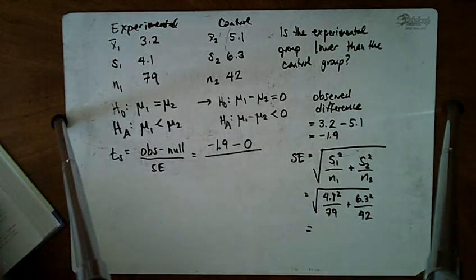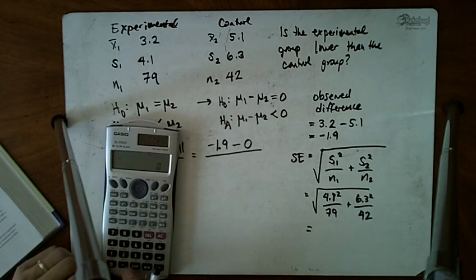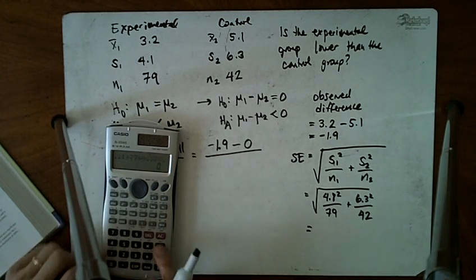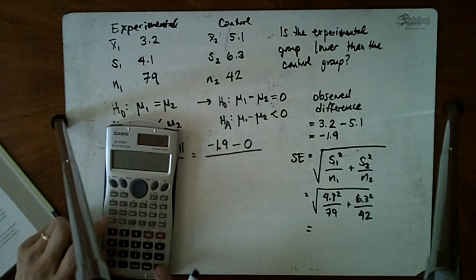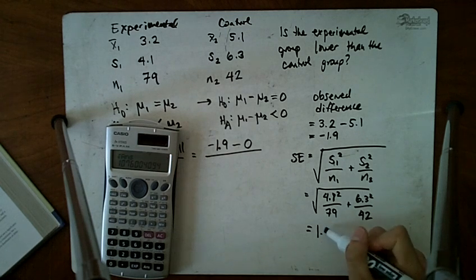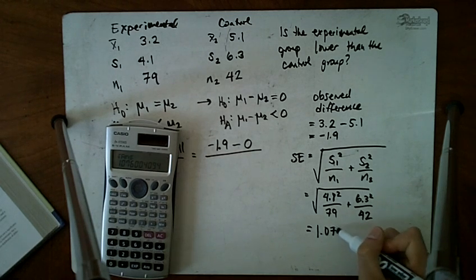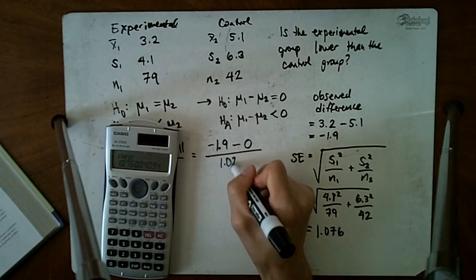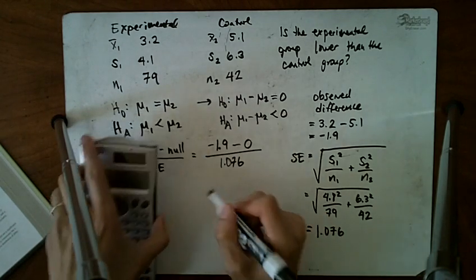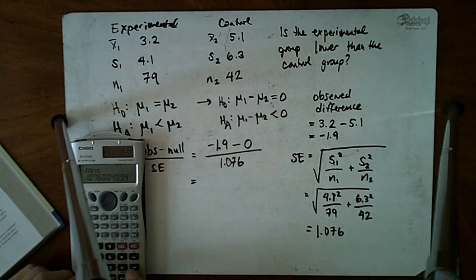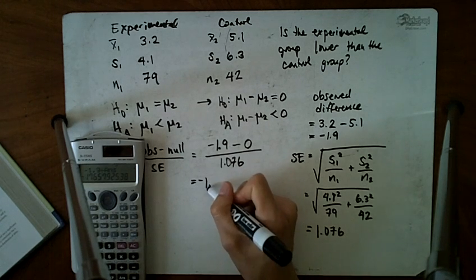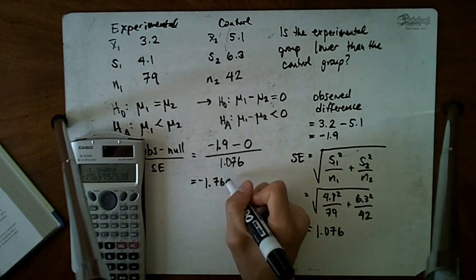Okay, so when you punch this into the calculator, after you take the square root, it is 1.076. And so I'm going to do negative 1.9 divided by that number, and I get a t statistic of negative 1.766.